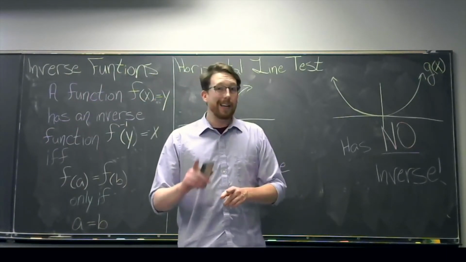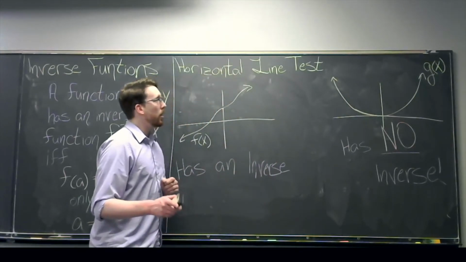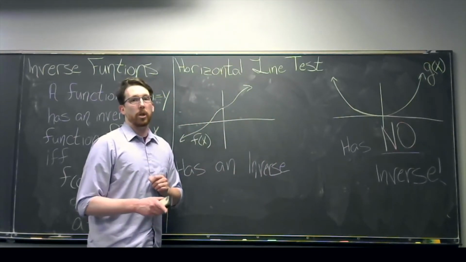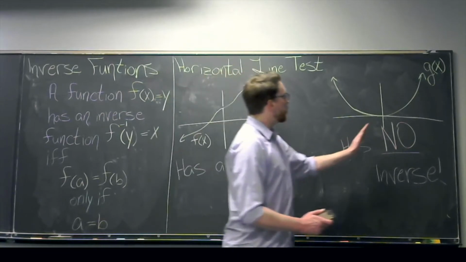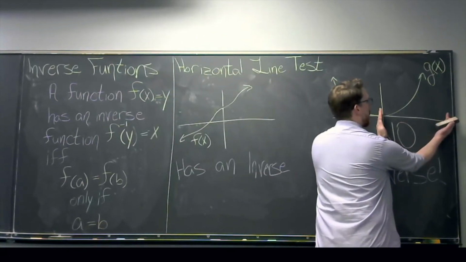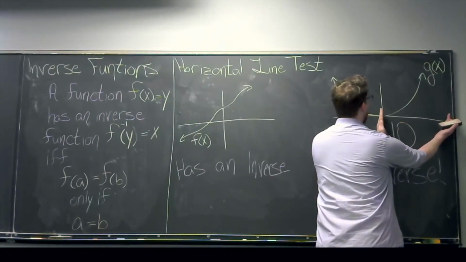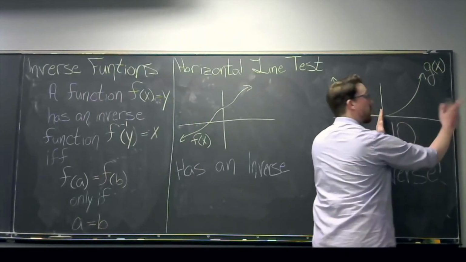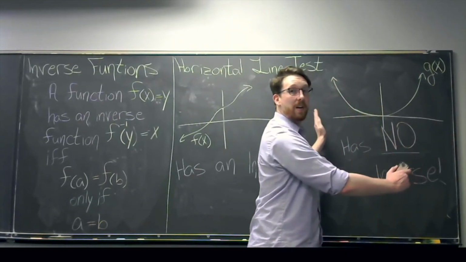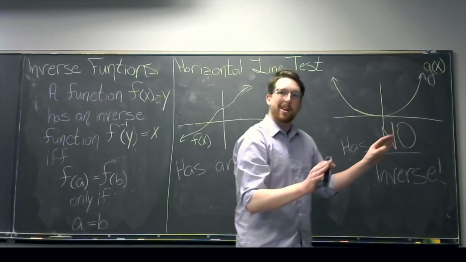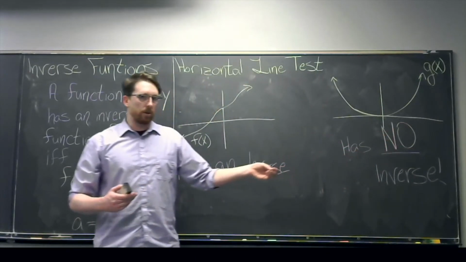But, and this is a huge but, we can say that if we restrict ourselves to just x equal to 0 to infinity, or negative infinity to 0, then we can come up with an inverse function.